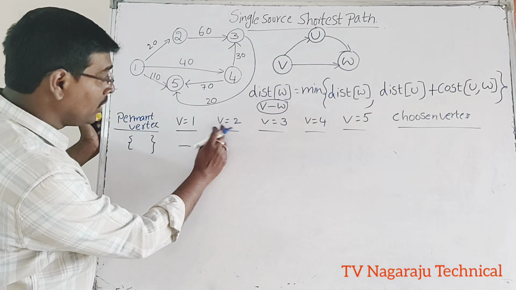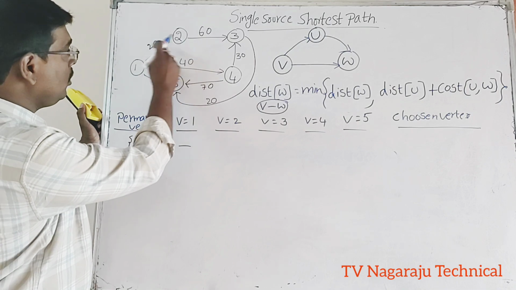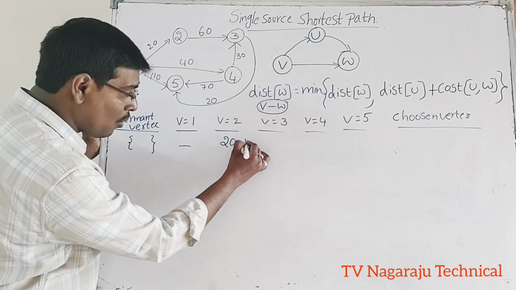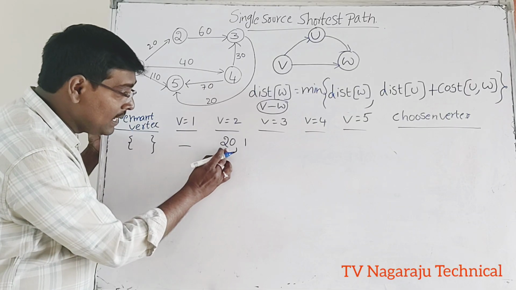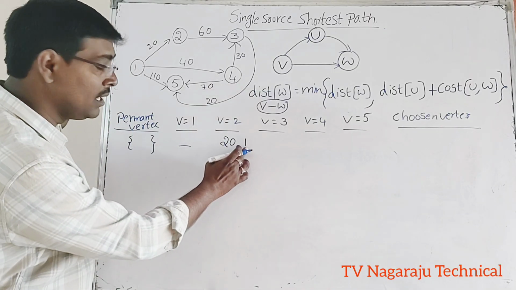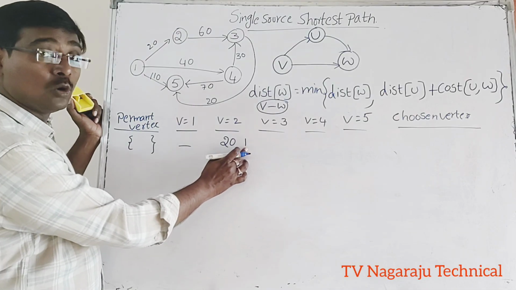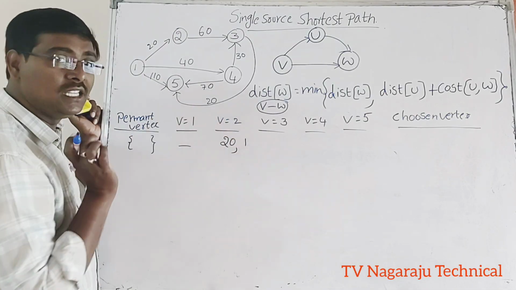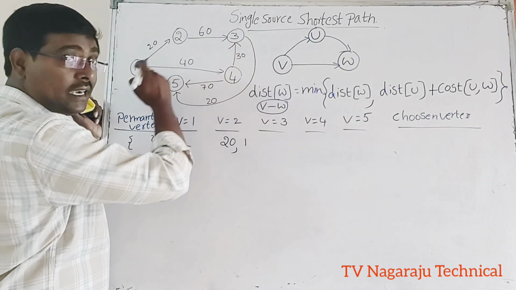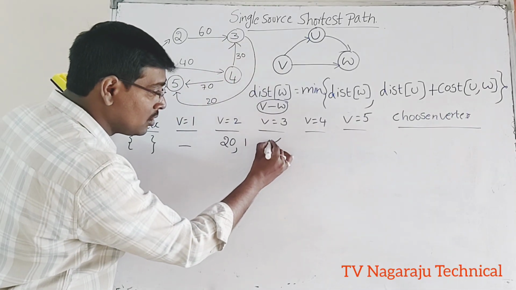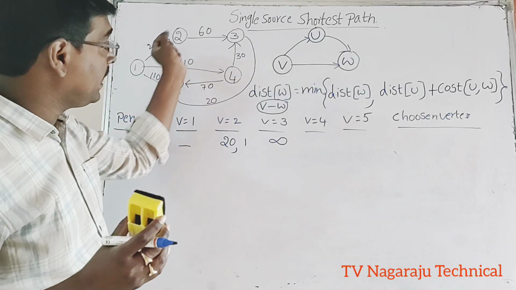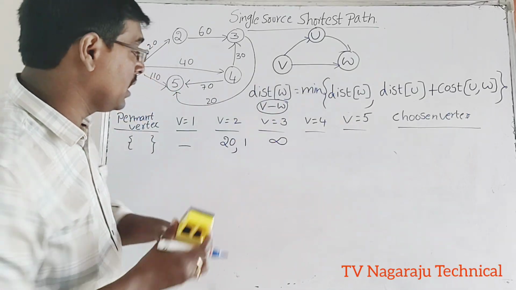Now, 1 to 2. What is the cost? 20, comma 1. Here 20 is the distance, and 1 is the source from where you are reaching it. For vertex 3, is there a direct edge? No. If there is no direct edge, write infinity. If there is a direct edge, write the corresponding weight.